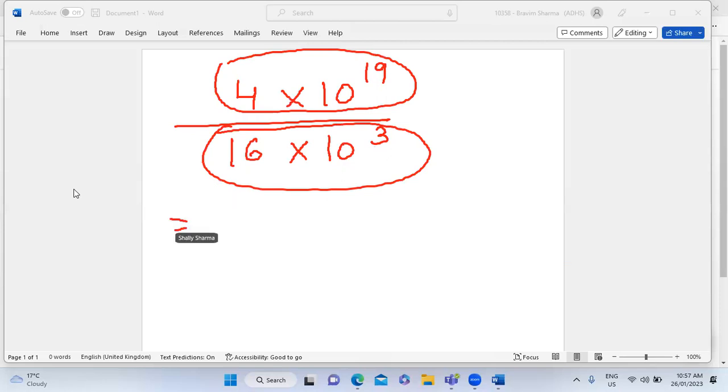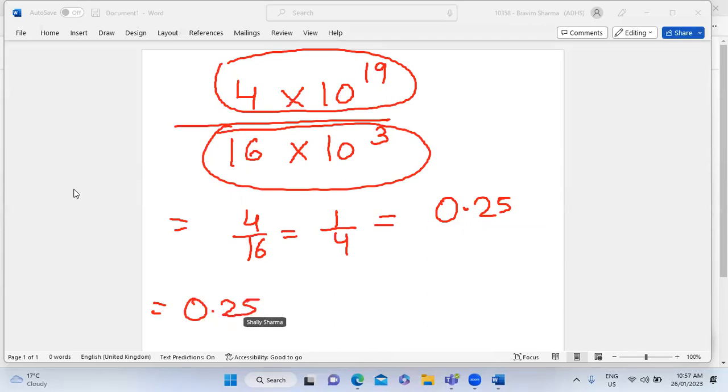So 4 divided by 16 is equal to 1 over 4, and if I convert it into decimal form, it is going to be 0.25. So basically what I got is 0.25 times, we combine these two, we apply the index law. So it will be 10 to the power of 19 minus 3, which will give rise to 16. So it will be 10 to the power of 16.